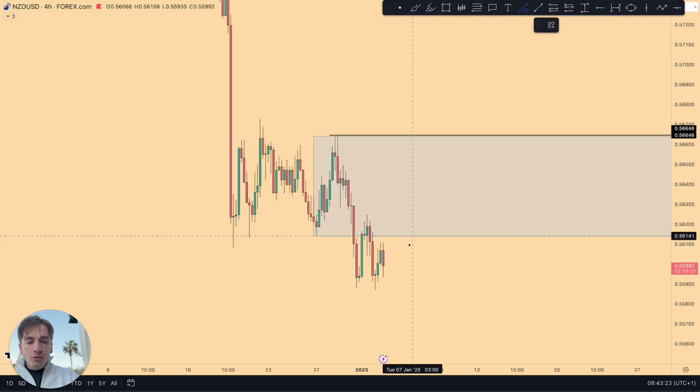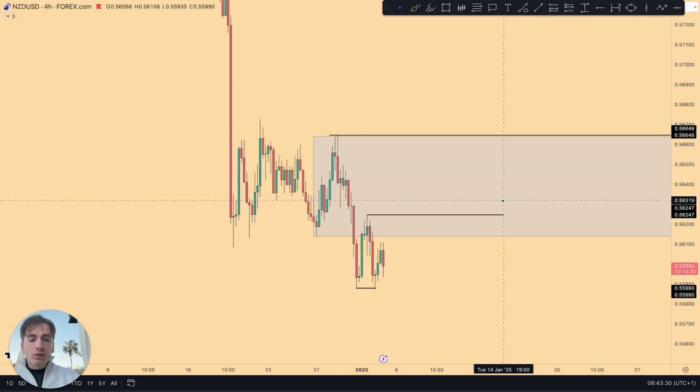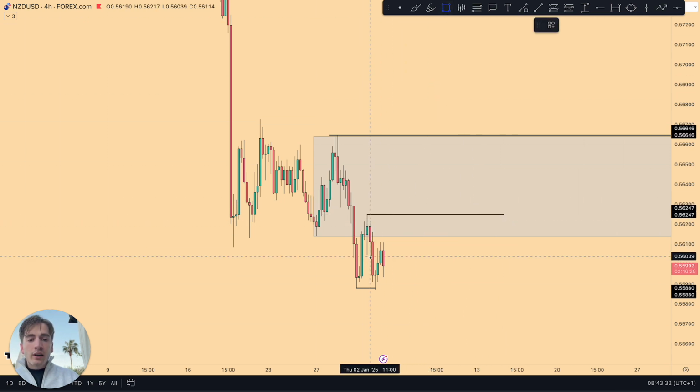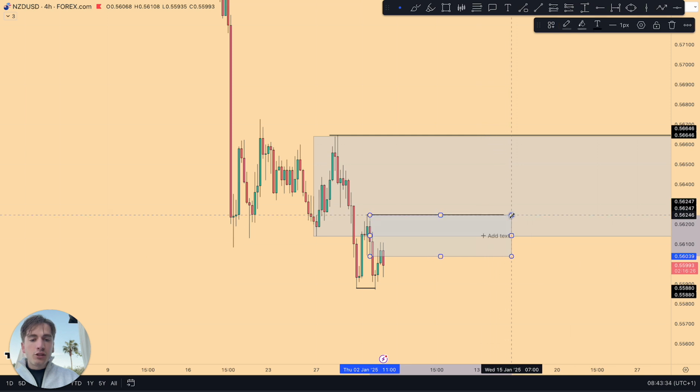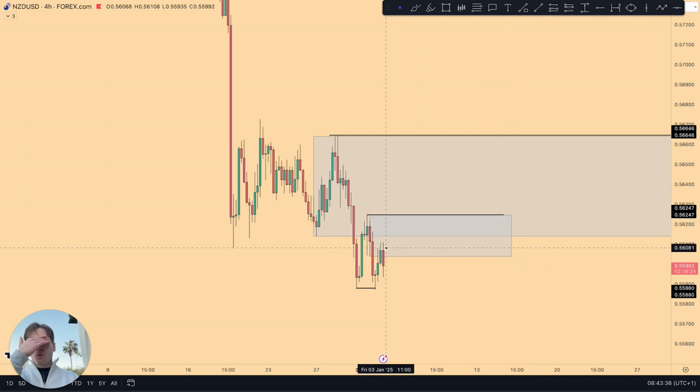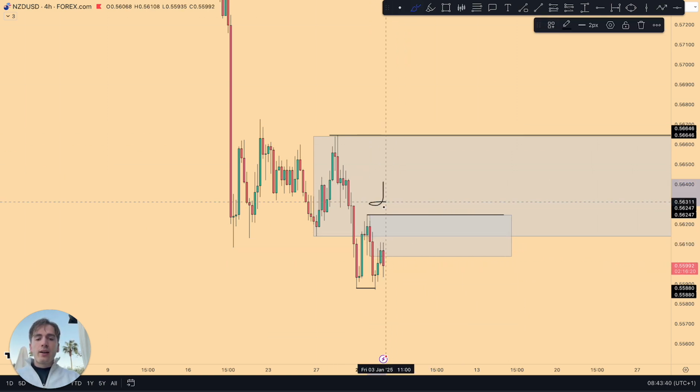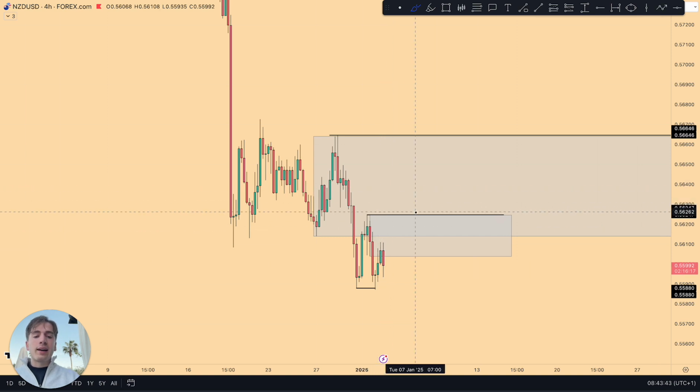The only thing I do not like is that we've broken the 4-hour fractal low here already, meaning that this is now your 4-hour fractal high. As long as that 4-hour fractal high is respected, yes, we should continue to push down lower. So I want to see it push down lower from here. Otherwise, if we break this high over here, NZDUSD shorts for myself become invalidated.